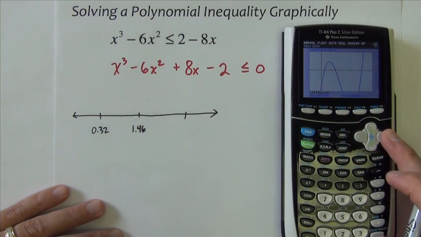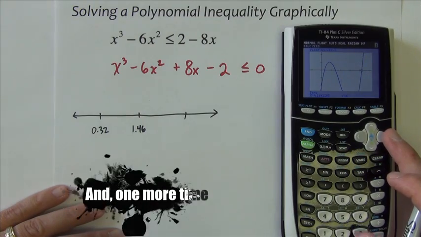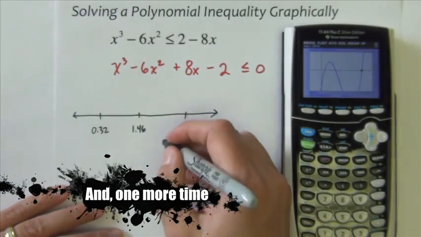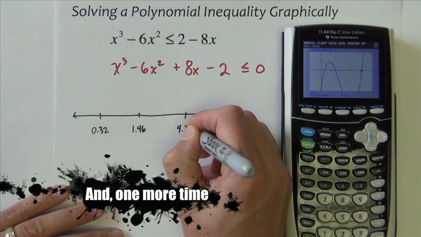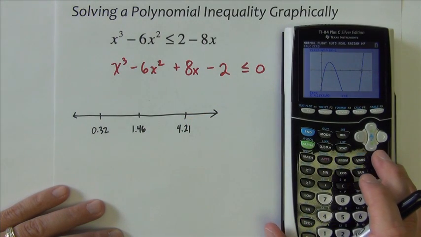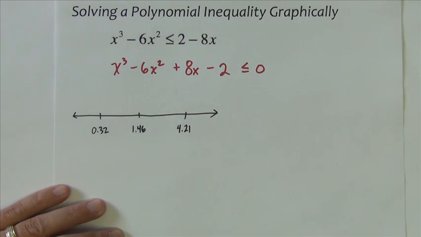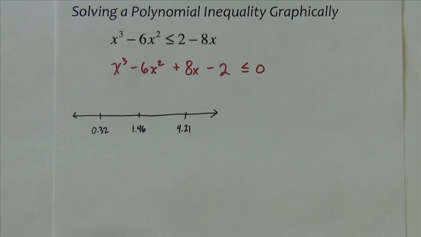And the third one is 4.21. Okay, so there are my zeros. They were irrational values. I couldn't find them by factoring or doing the synthetic division. I had to do them this way.